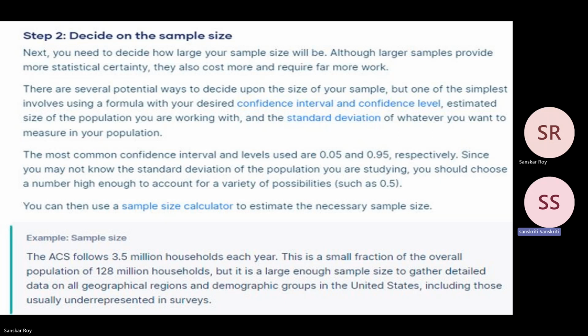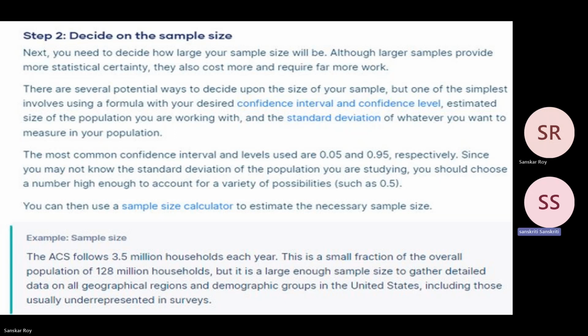This is a small fraction of the overall population of 128 million households, but it is a large enough sample size to gather detailed data on all geographical regions and demographic groups of the United States, including those usually underrepresented in surveys.